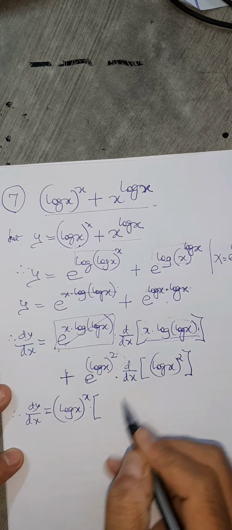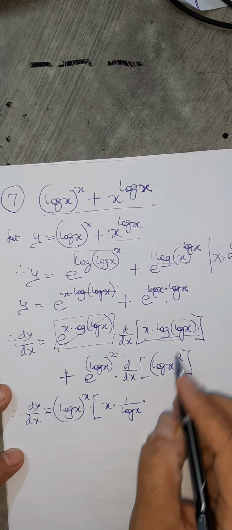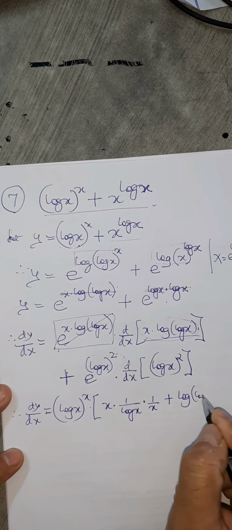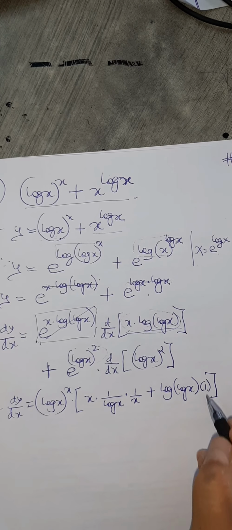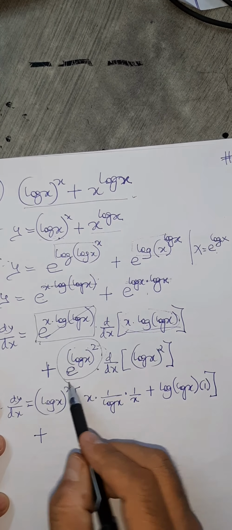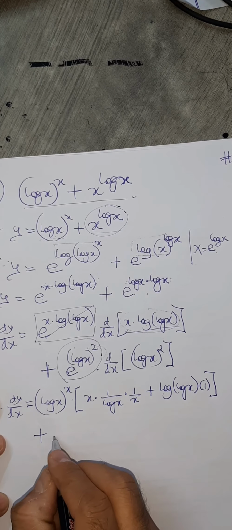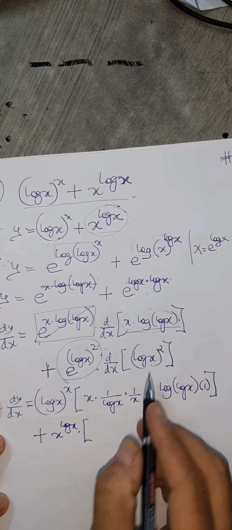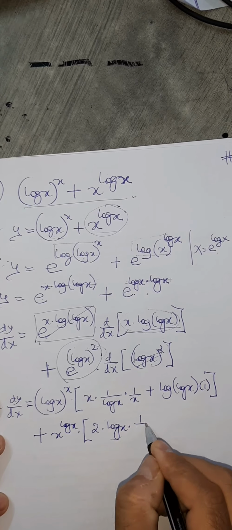Here product rule, x as it is, here 1 upon log x into the derivative of, by chain rule, log x, which is 1 upon x, plus log of log x as it is, what's the derivative of x, which is 1, plus now from where you had this expression, the original expression is this, so I'm just copying, that is x raised to log x into, now here chain rule, so this is like x squared, what's the derivative of x squared? 2x, so 2 log x and the derivative of log x, which is 1 by x.